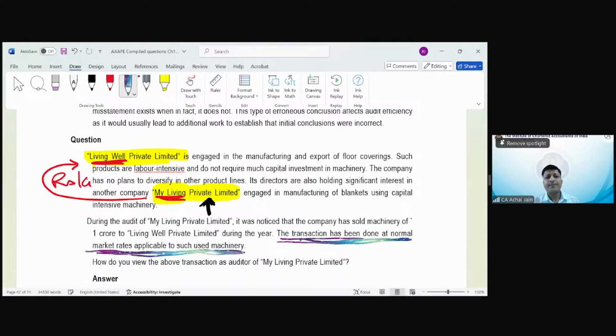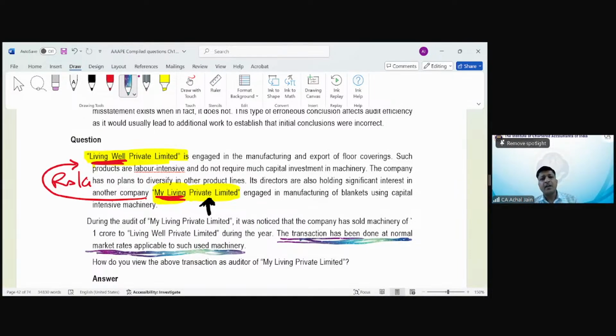Sir, your company wants to increase the revenue, so they sold to the other company Living Well, because Living Well is not required to invest in machinery as they are labor intensive. I think so, sir. No, but let's think about it logically.